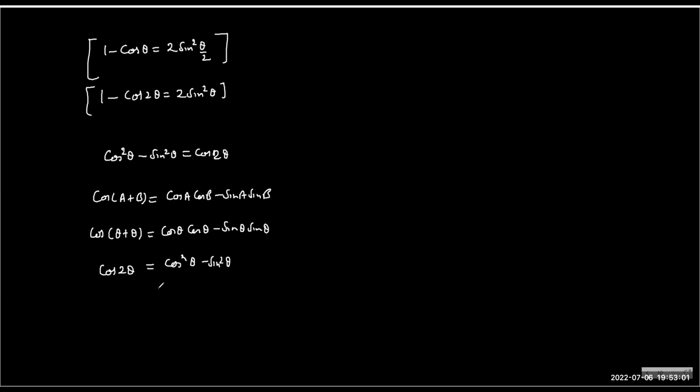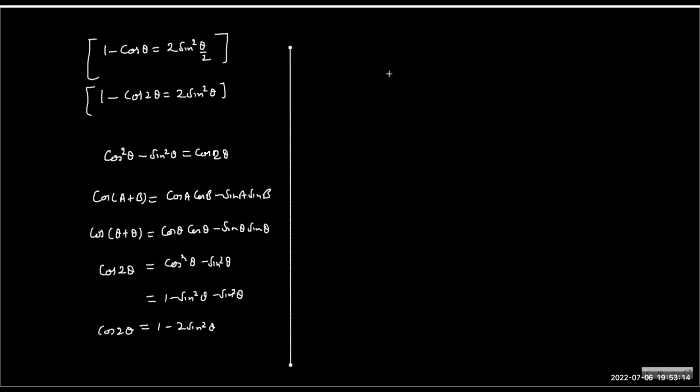Understood? And this we can rewrite. I'm not teaching trigonometry, I'm just writing quickly so that you can understand. So we can write 2 sine square theta equals 1 minus cos 2 theta.